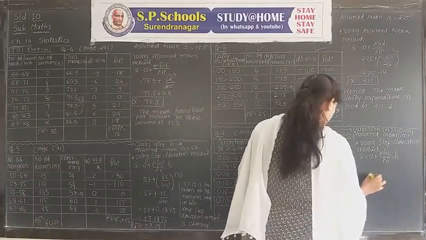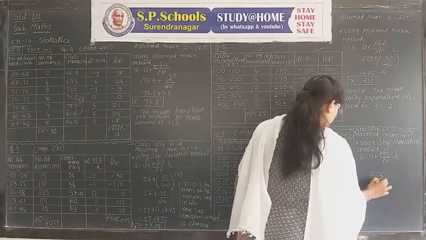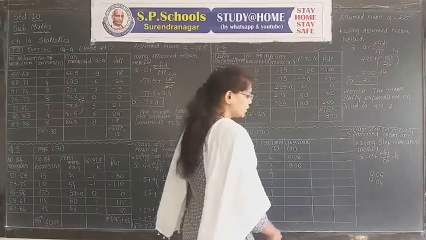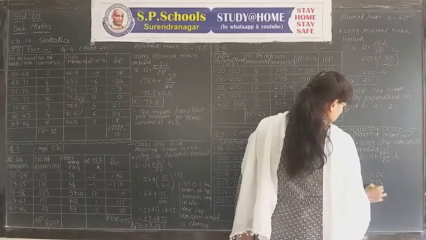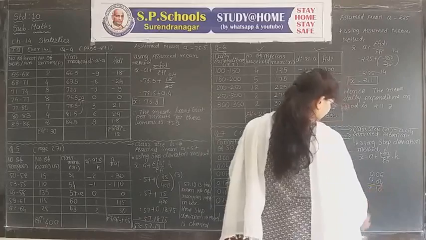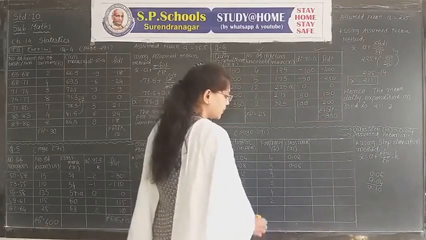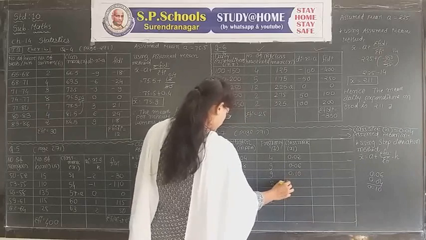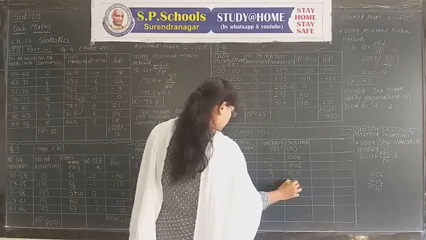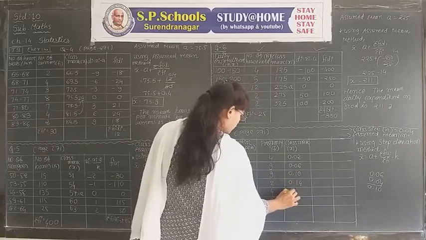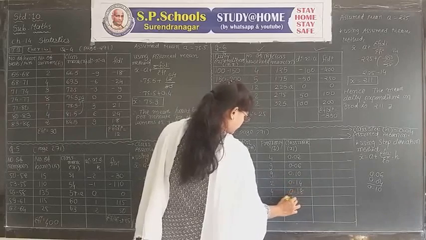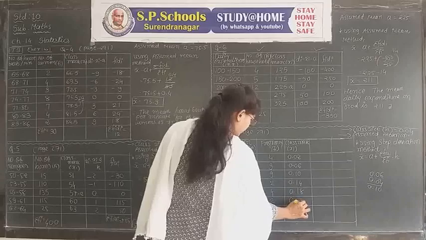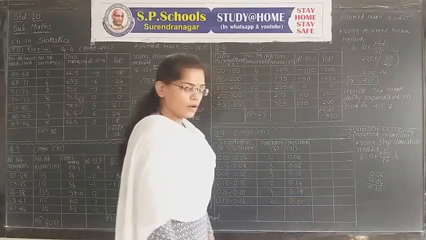Again we add 0.04 to 0.06, which gives us 0.10, not 0.010, keep in mind 0.10. Then 0.14, 0.18 and 0.22. Here the class marks are obtained.